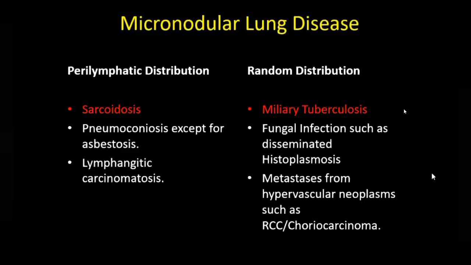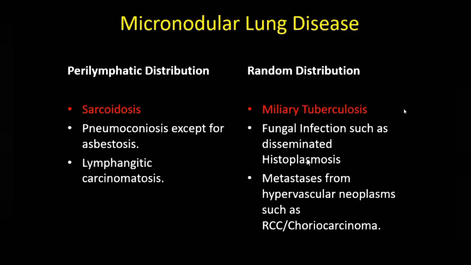So for micronodular lung disease, we have three types of distribution, but I mentioned only two. The perilymphatic distribution, like in this case of sarcoidosis; pneumoconiosis, except for asbestosis; and lymphangitic spread. For the random distribution, it's basically miliary tuberculosis because this is hematogenous spread of disease.